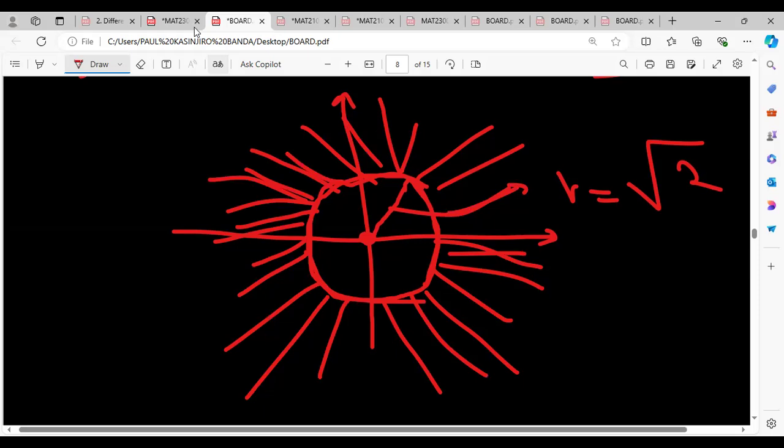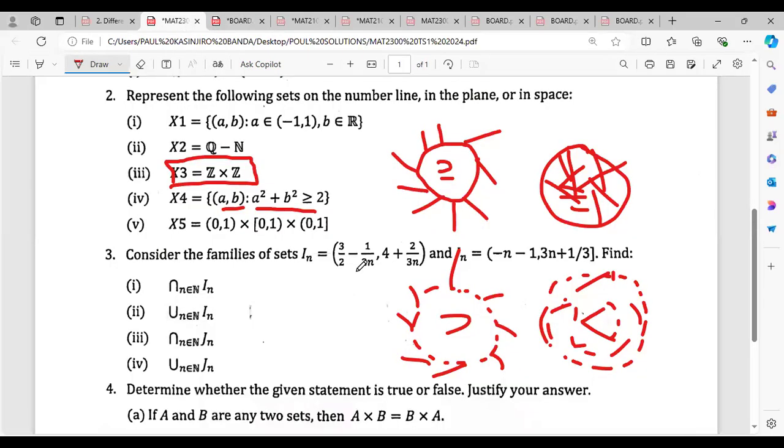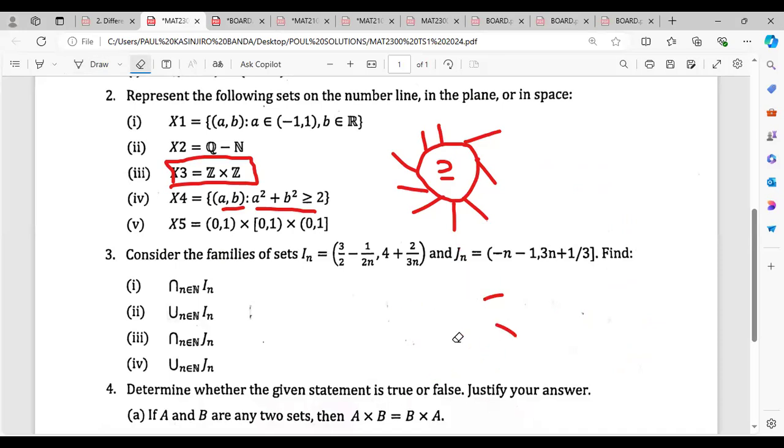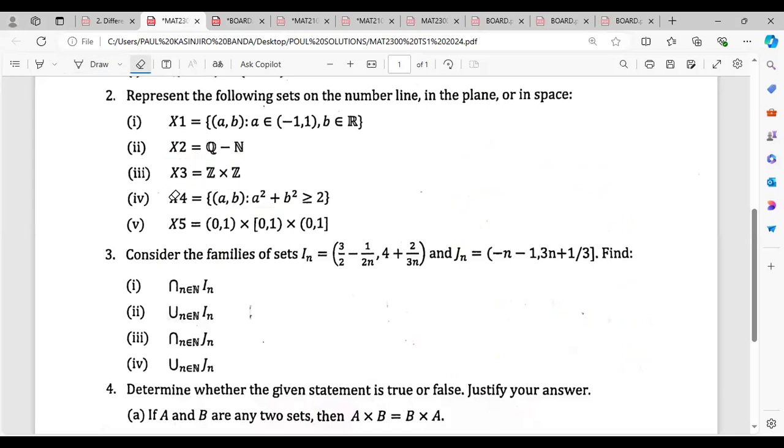Then we can do the last one, I think, which is this one here, which is very complicated if you don't know spaces. If you don't know spaces, it will seem very, very complicated. So in space, if we're representing something in space, it simply means that we are using a 3-dimensional coordinate system.